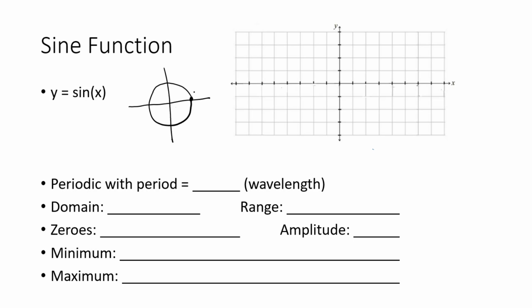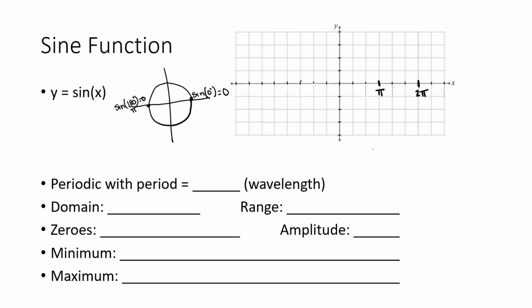Okay, so when I start right here at 0 degrees, sine is going to be 0. Sine is also 0 over here at 180 degrees, or at pi. If I begin by marking my grid, we'll just say this is pi and this is 2 pi.